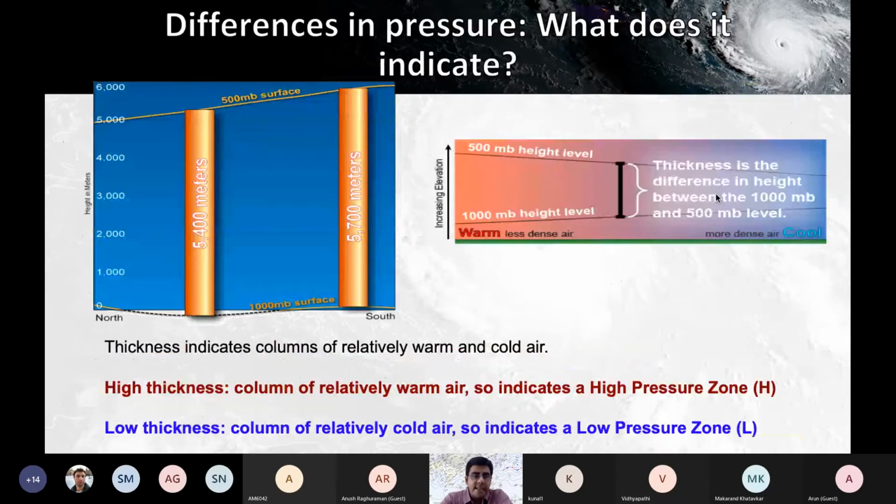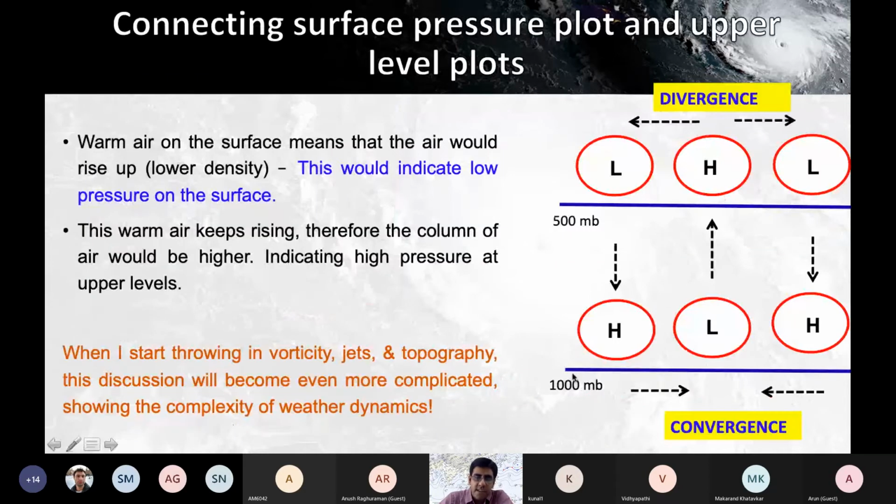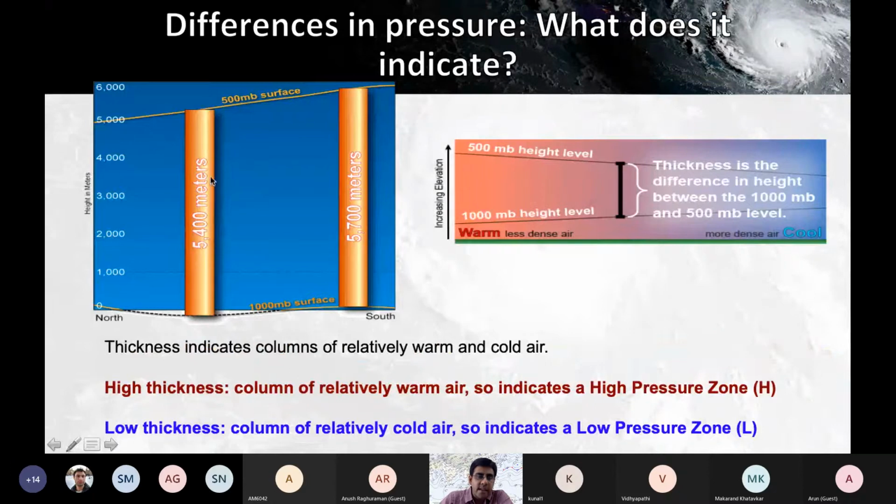So the next thing that is telling me is, I told you about these two pressure levels, 1000 millibar and 500 millibar, two levels. So the air column between these two levels can actually be warmer or colder. What other thing I'm looking at is the difference in the height between these two pressure levels.